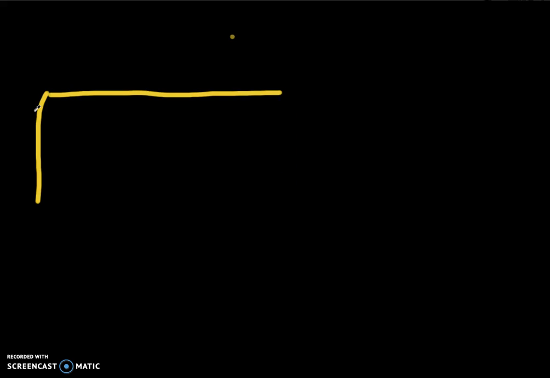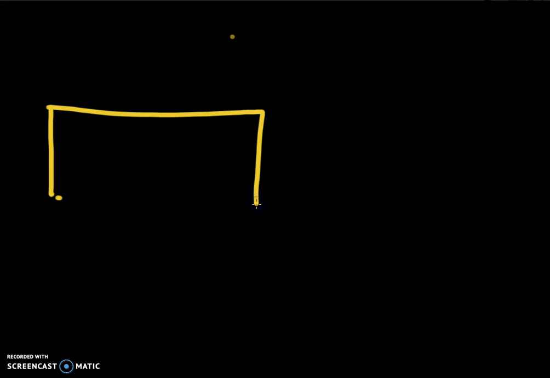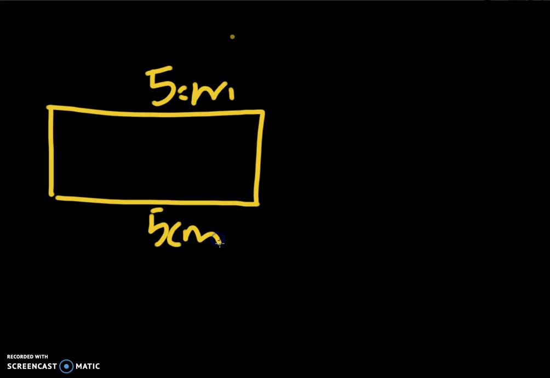Let's say the lengths given are 5 cm, 5 cm, 2 cm, 2 cm. So first step, draw the dot. Then we have to travel around the whole thing.